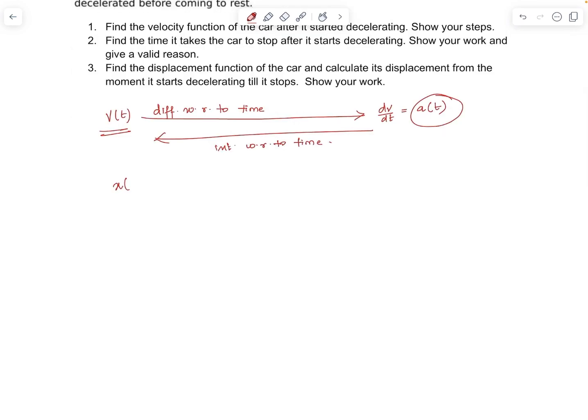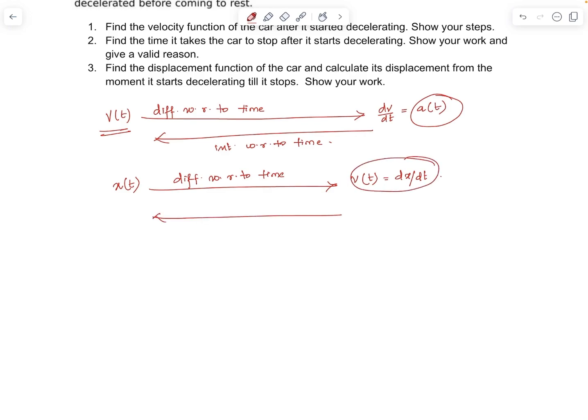So if we have a displacement function x of t, if we differentiate this displacement function with respect to time, we get velocity. This is nothing but dx by dt. Again, if this velocity function is integrated with respect to time, we get back the displacement function. So with this concept, we will go ahead answering this question.